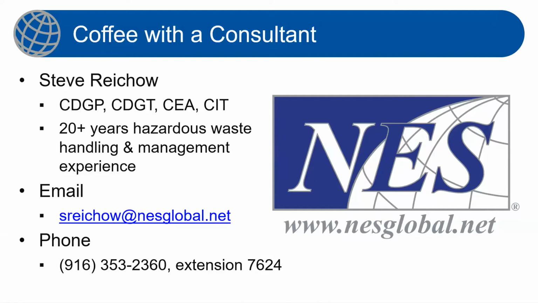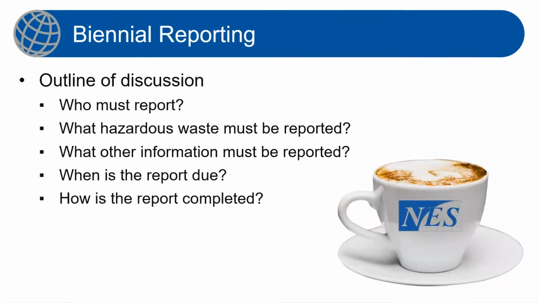Now, we have quite a few topics that we're going to cover, and this is an outline of those topics that we're going to proceed through as we discuss biennial reporting. First and foremost, we want to know who is subject to reporting. So we'll identify those facilities that are required and subject to the biennial reporting. And then it is important, if we have to report, we have to understand which hazardous wastes are and those wastes which are not subject to reporting.